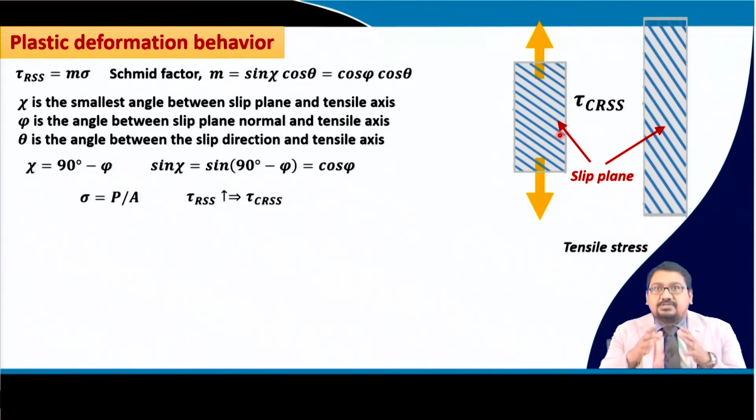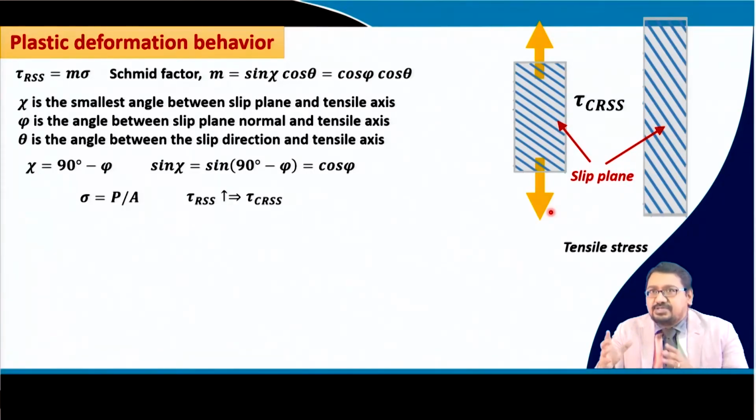Now, which slip plane will get activated first, right? The activation of the slip system or slip plane depends upon its Schmid factor. Now, why Schmid factor? Because you see that when we are trying to pull this material, the one slip system which will go to its critical resolved shear stress faster, that means, what is the critical resolved shear stress?